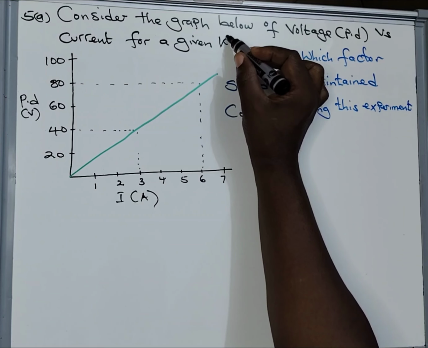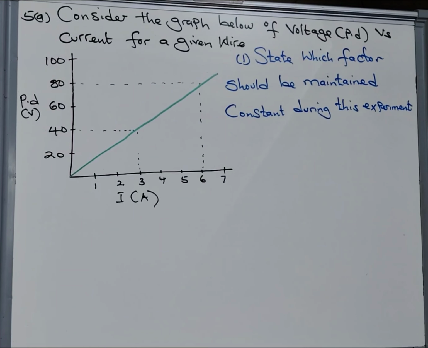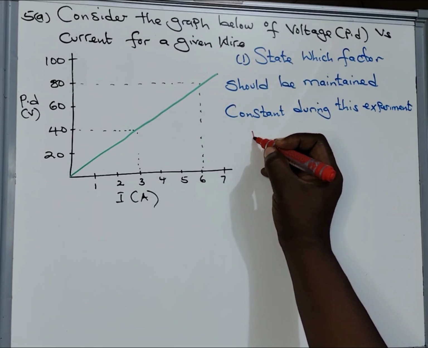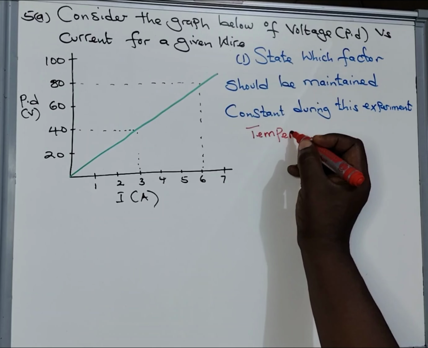The first question says: state which factor should be maintained constant during this experiment. What factor should be maintained constant? The factor is temperature.